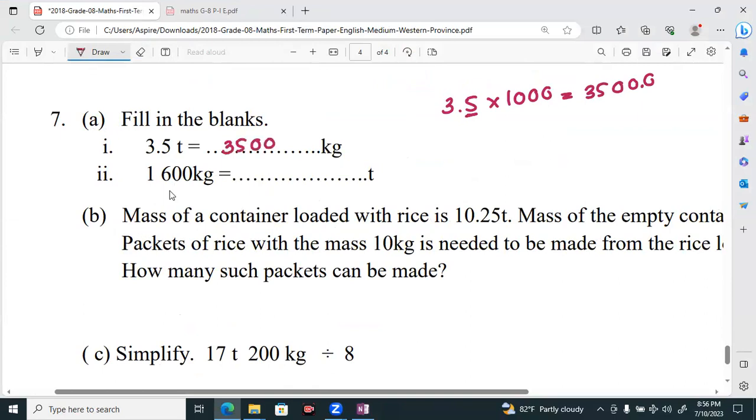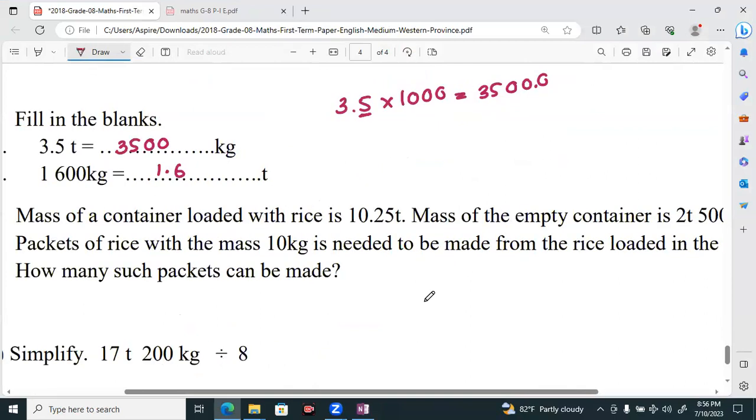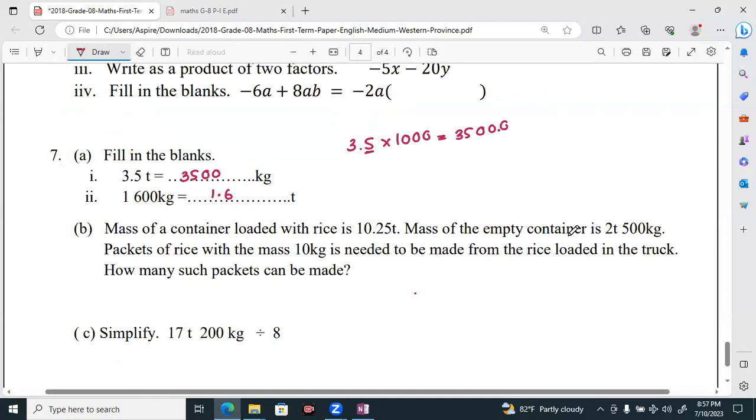To convert kilogram into ton, you have to divide this by 1000, then it is 1.6 ton. Mass of a container loaded with rice is 10.25 tons. Mass of the empty container is 2 tons and 500 kilogram.